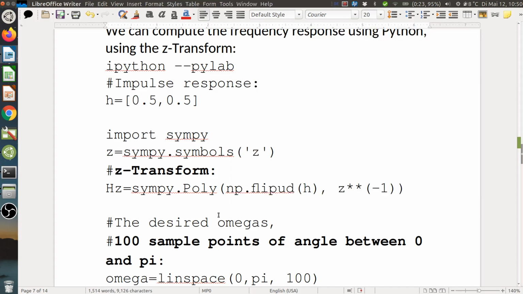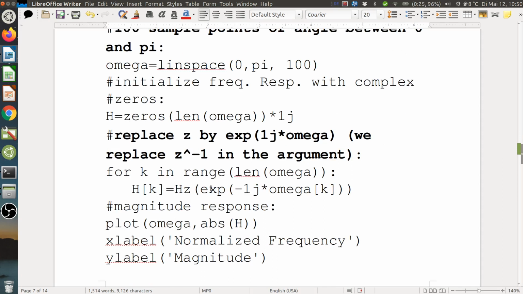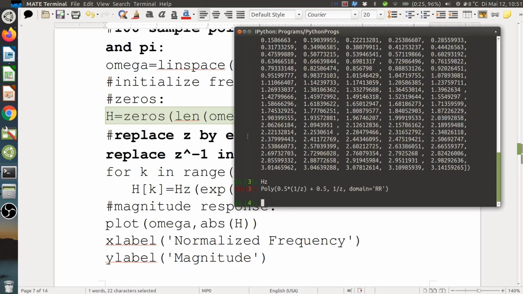Right, as expected. So now we can do this substitution of z to the minus 1 by e to the minus j omega, which you can see here. So first I initialize my h such that it's ready for the for loop.